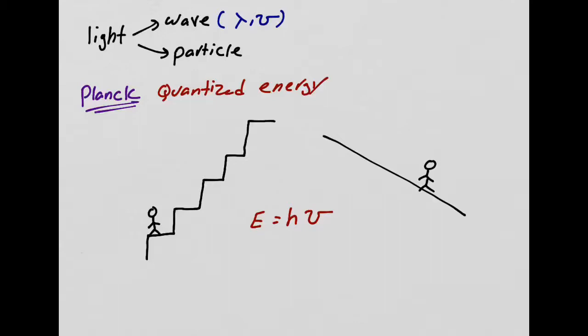And the unit for energy is joules. This one is frequency, you know frequency, the unit is 1 over s. Now this one right here, h, that's also a constant, the Planck constant.